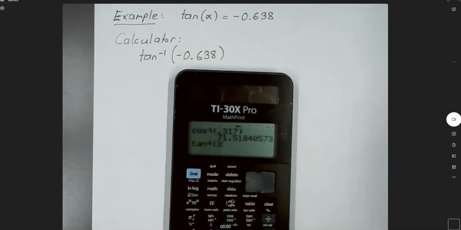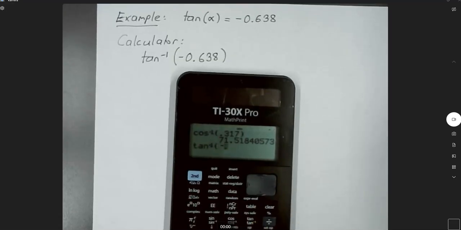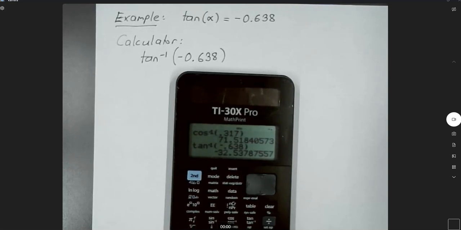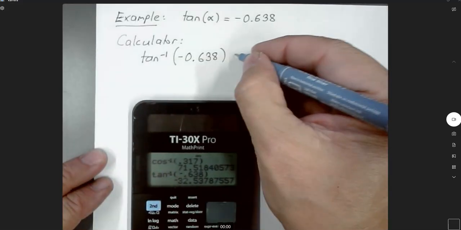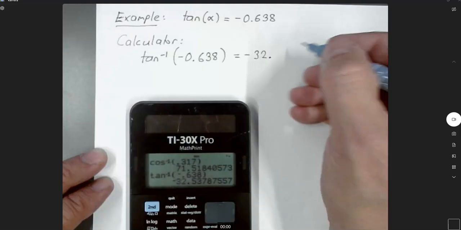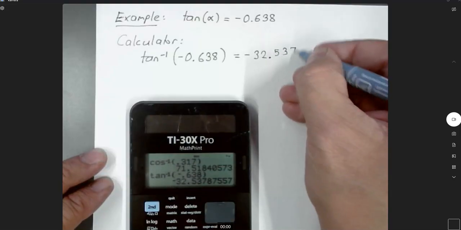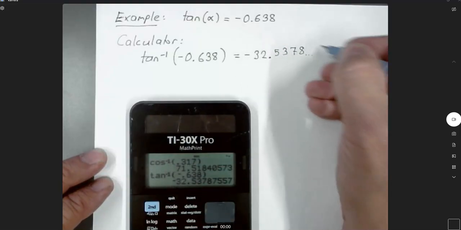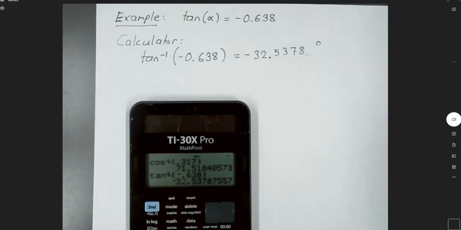Inverse tangent minus 0.638 gives minus 32.5378, etc. degrees.